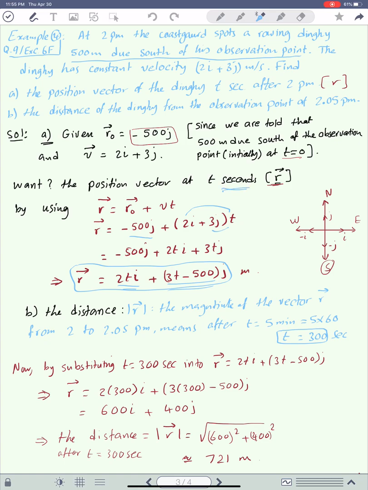Part B, the distance of the dinghy from the observation point at 2:05 p.m. means 5 minutes.